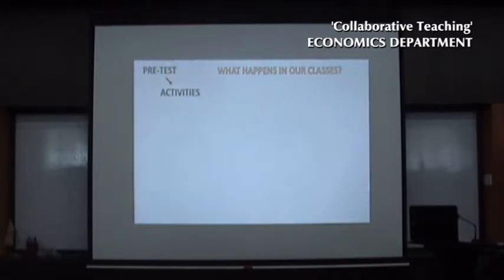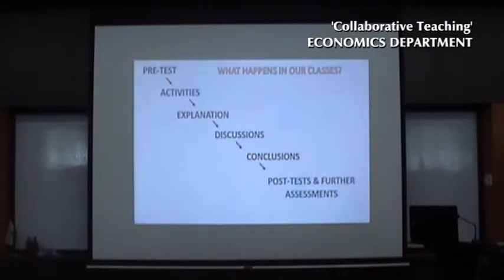Then comes the explanation from the teachers, and we continue to probe that topic further through discussions among the teachers and the students. So all of us get involved. Then the teachers can conclude the lesson. And finally we give a post-test, which is basically the same as the pre-test, to find out what has changed, whether they have learned the new topic well or not.